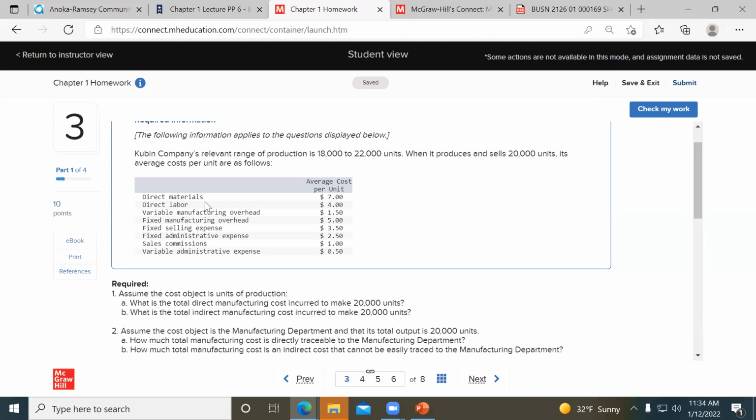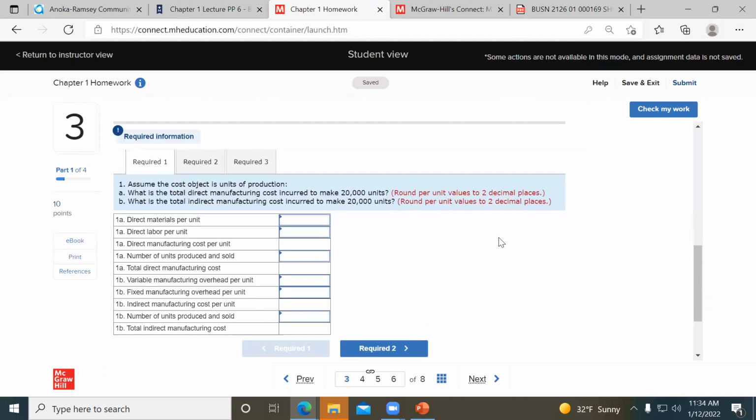Direct materials per unit is $7. The direct labor per unit, 4. And the direct manufacturing cost per unit is given as 11. The number of units produced and sold is 20,000. So our direct manufacturing cost would be 220,000, right?